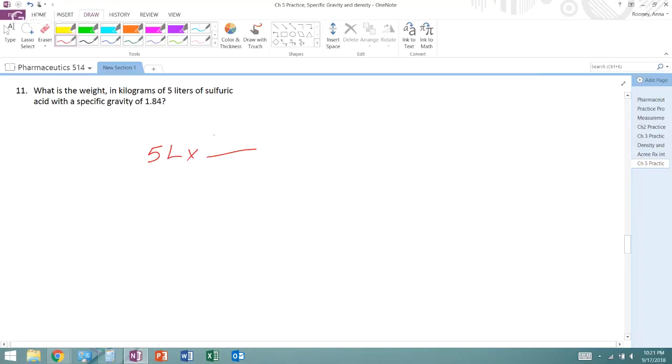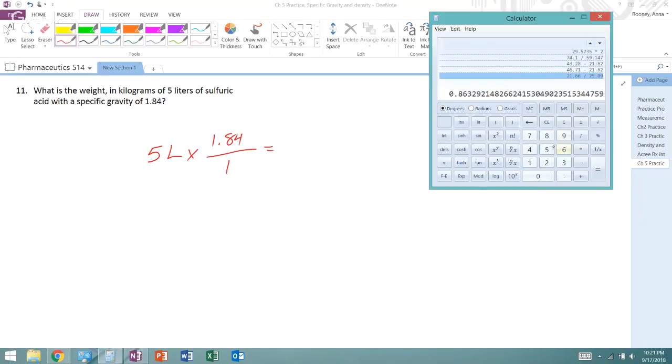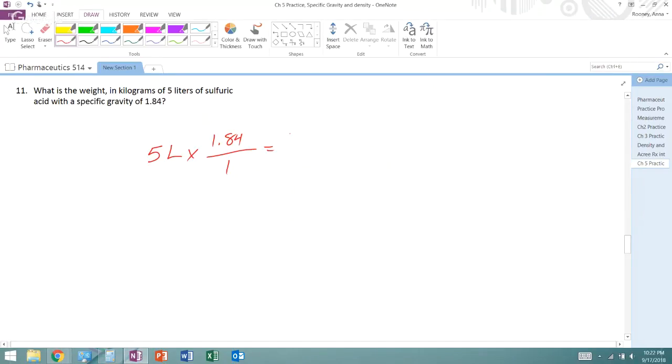And the ratio is 1.84 over 1, which is the same. And then you multiply 5 times 1.84, which is 9.2 kilograms. Okay.